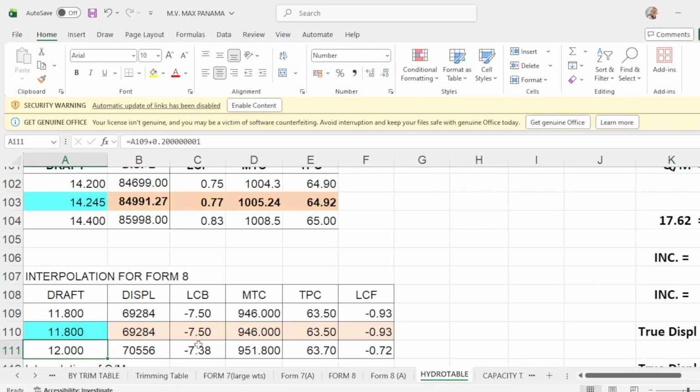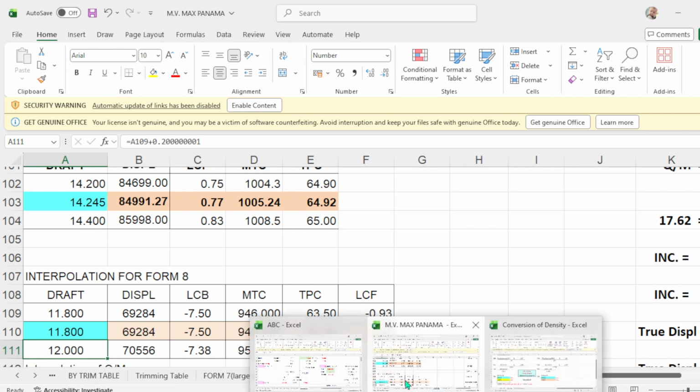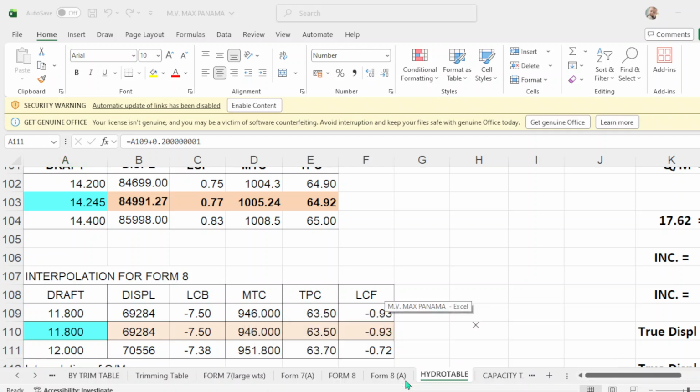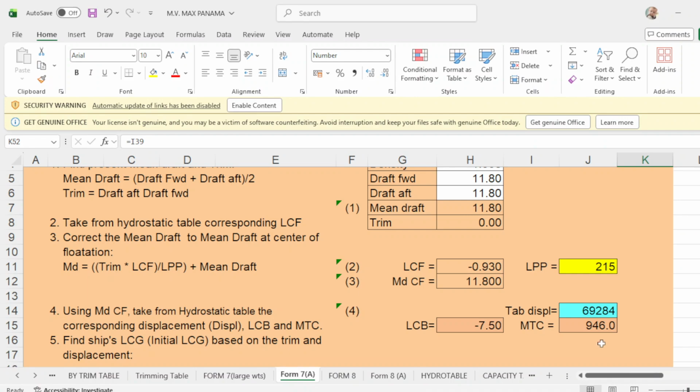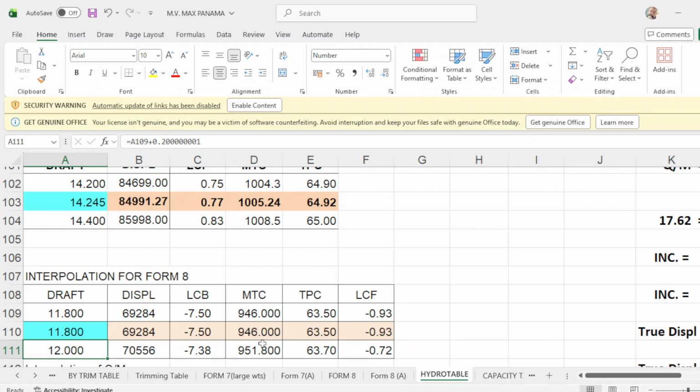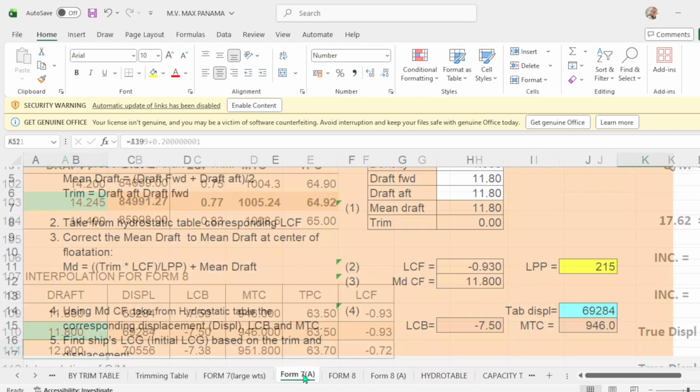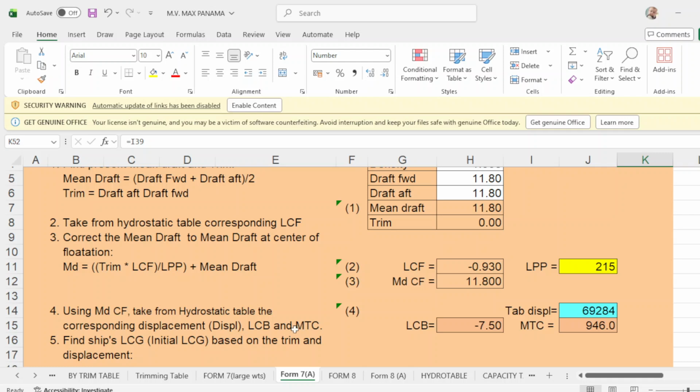LCB is negative 5.0. And MTC is 964. That will be number 4.